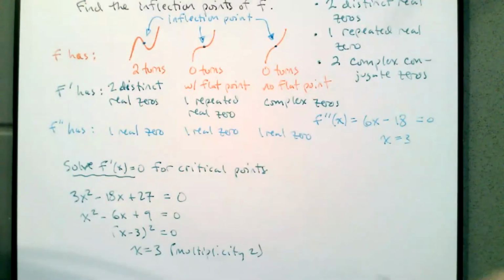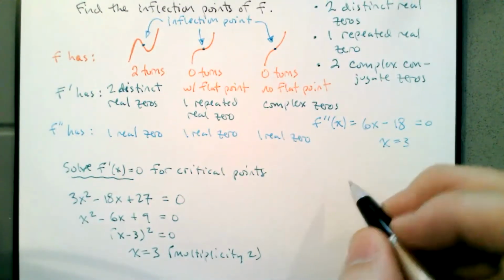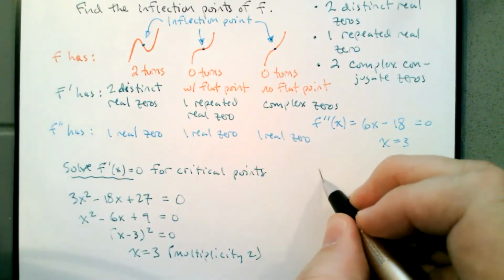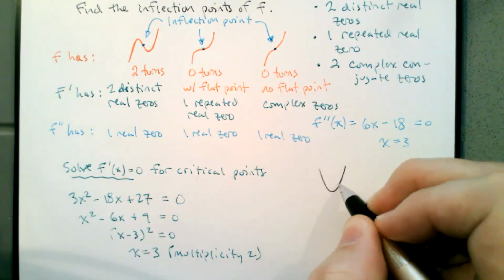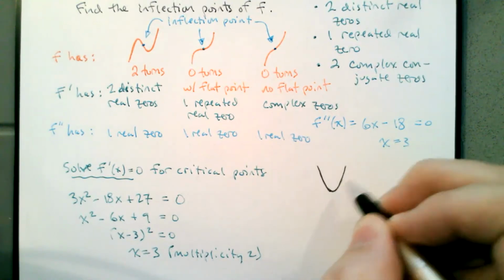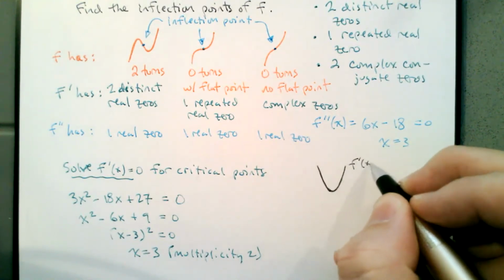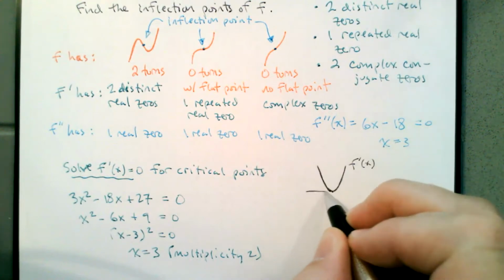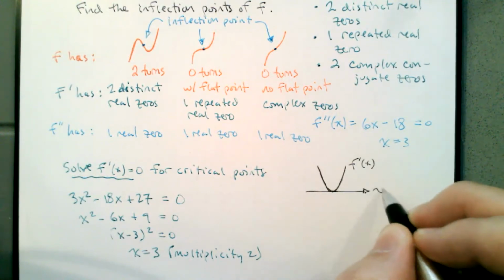So the function is increasing before and increasing after. If we look at the graph of f prime, we've got a parabola, and since there's only one real zero, the vertex is the x-intercept.